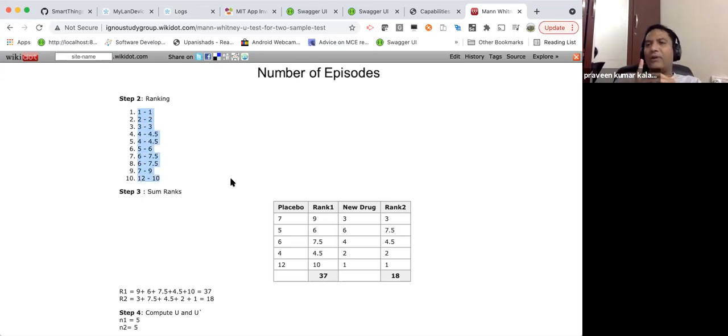Remember what we did in the Kruskal-Wallis test? You made all of them into one group and then we ranked them. Here also it is the same thing, you rank them. And we know the thumb rule that we follow when there are duplicate values: we calculate the average of those ranks.